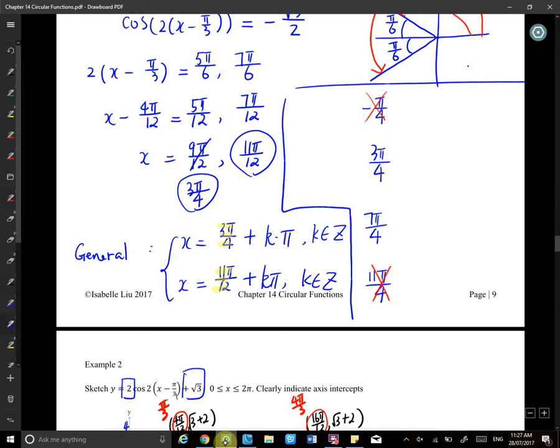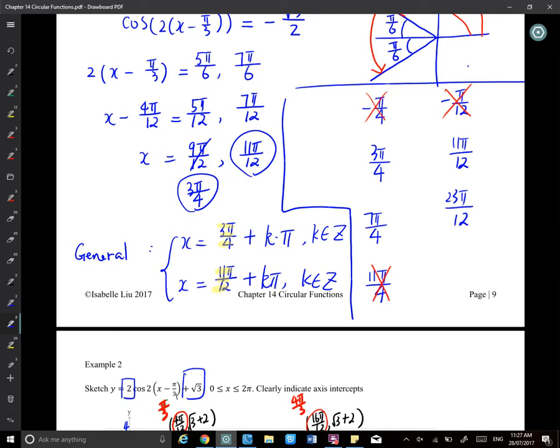For the second one, 11 pi over 12. If I subtract pi, that's minus pi over 12, which doesn't work. I can add pi, that will be 23 pi over 12, which is correct. If you add another pi, that's 35 pi over 12, which is obviously out of the domain.